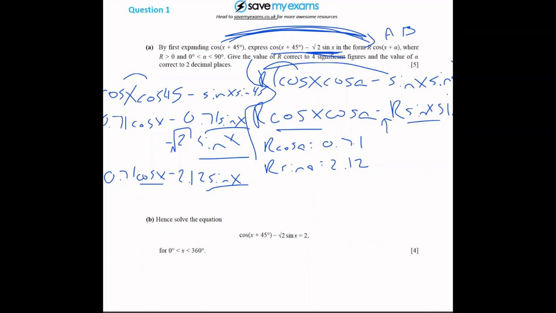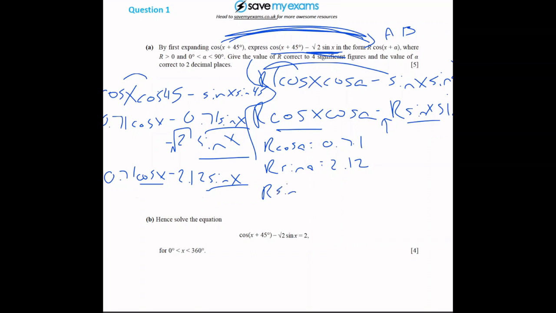So now I see two variables in one equation. I don't like that. Two variables, one equation, I can't really solve that. You might say use substitution, but substitution gets a little messy in this situation. So what we're going to do, I know sine over cosine makes tangent, so I'm going to do that.